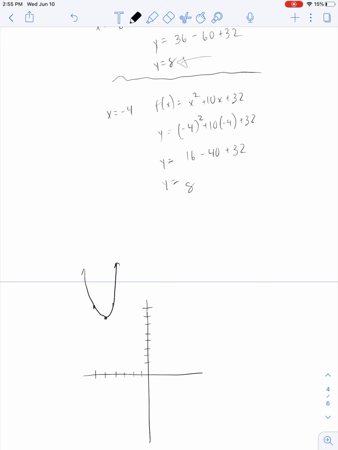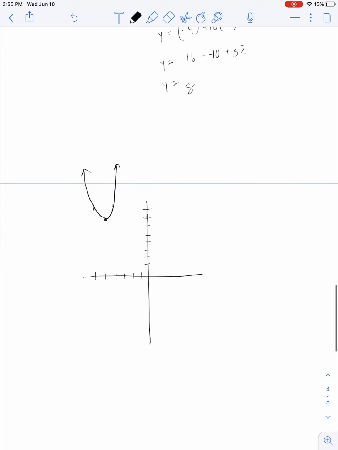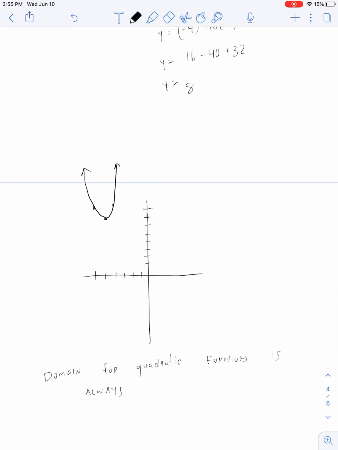Looks like that. Your domain for quadratic functions is always negative infinity to positive infinity. Right, so that is our domain.